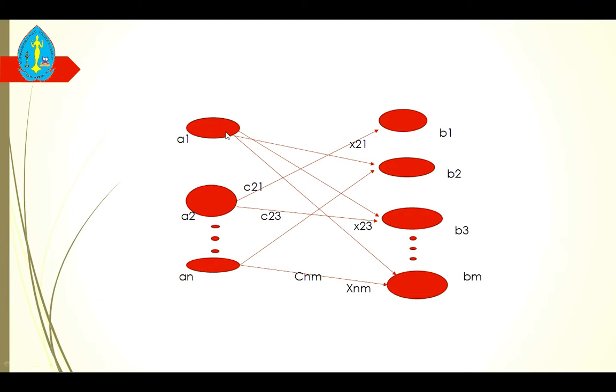That is, here the source 1 to destination 1 we denote as X11 and C11. Here there is no arc, no linkage, between A1 and B1. Here A1 to B2 we have an arc, that is from supply A1 to demand B2.